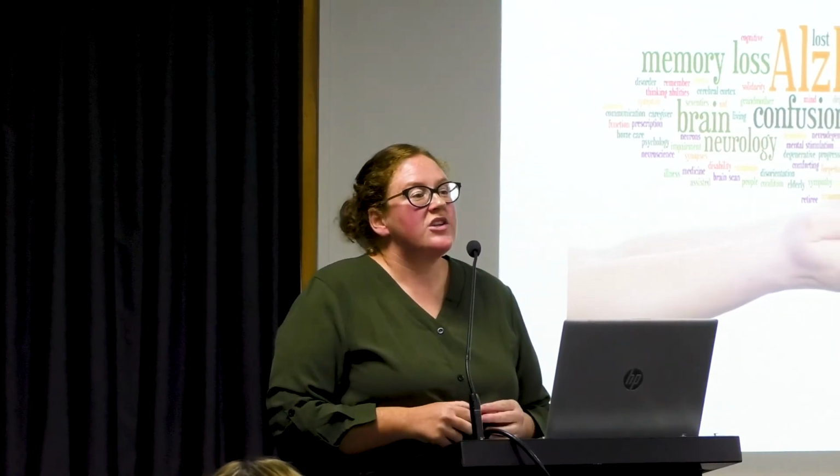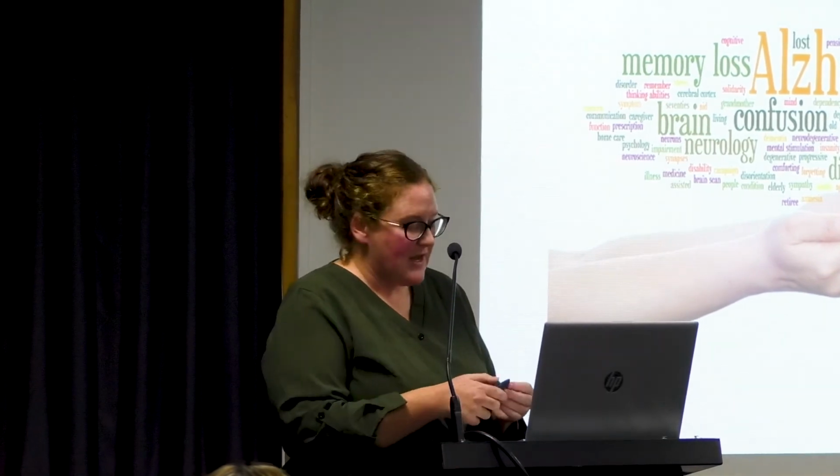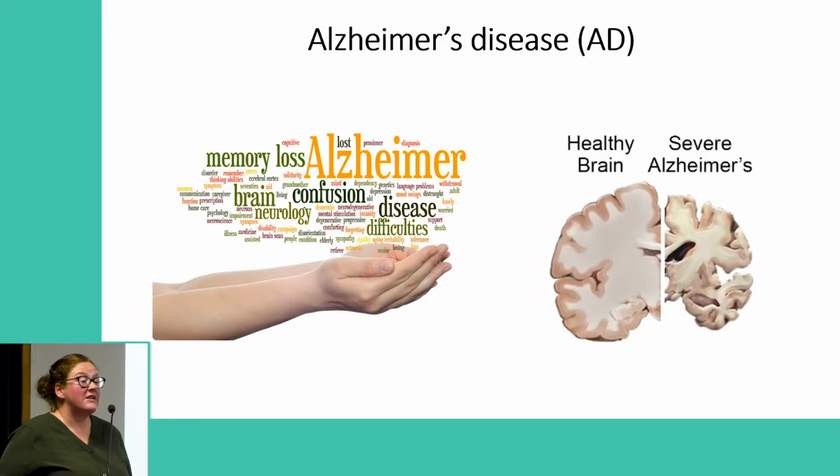And structurally, we know quite well what is going on. There's a massive loss of neurons in Alzheimer's disease, and also a massive loss of the connections between brain cells. So here you can see what a healthy brain looks like compared to a severe Alzheimer's disease brain, and you can see how much it's really shrunk. So many brain cells have been lost here.